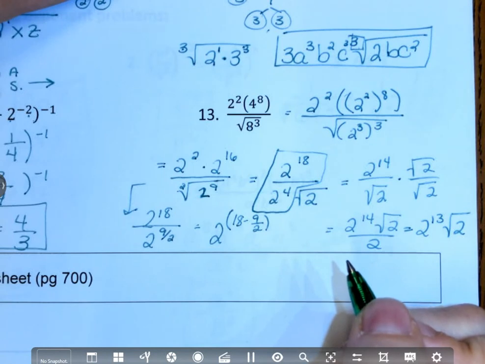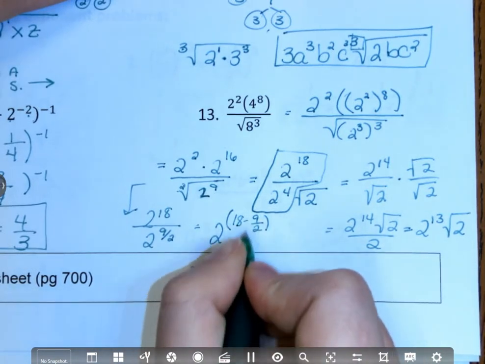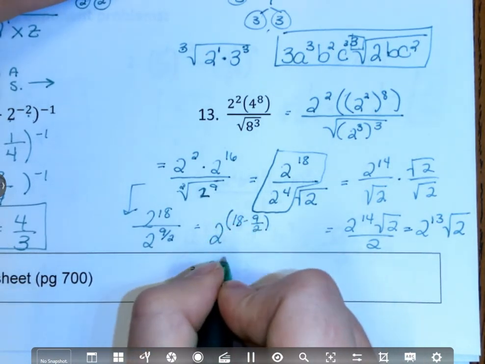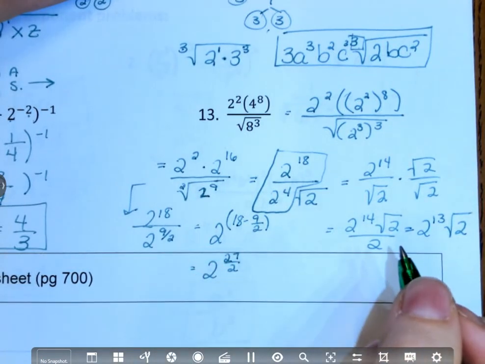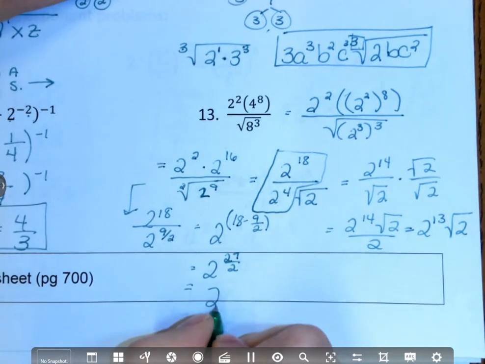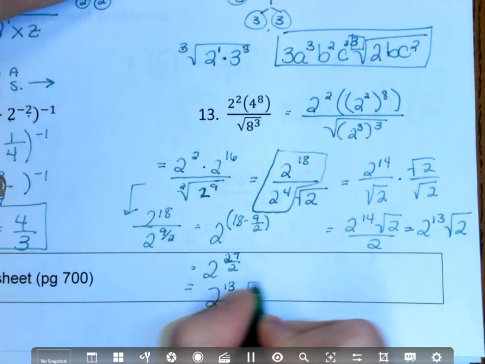What's 18 times 2? 36. And 36 minus 9 is 27. 2 goes into 27 how many times? 13 times with 1 left over.